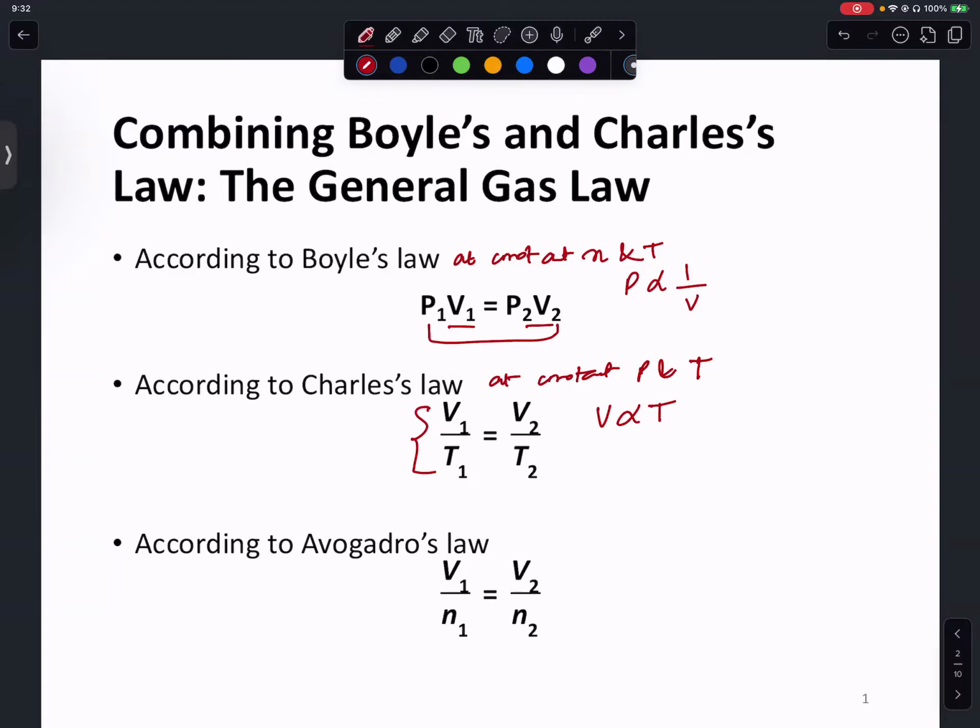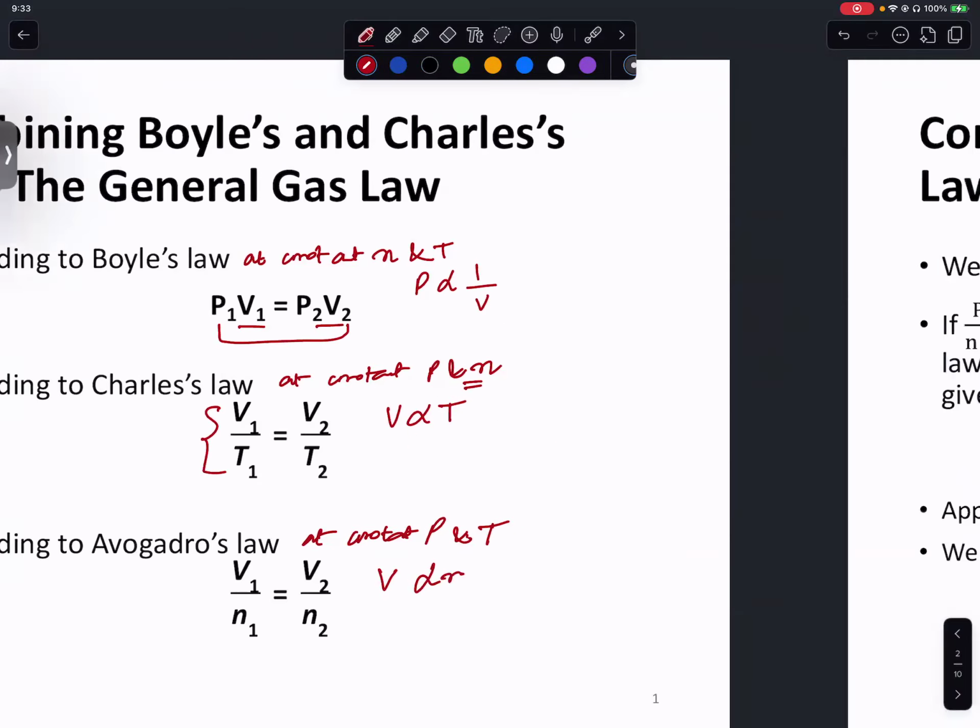And finally, Avogadro's law: at constant pressure and temperature, the volume is directly proportional to the number of moles.